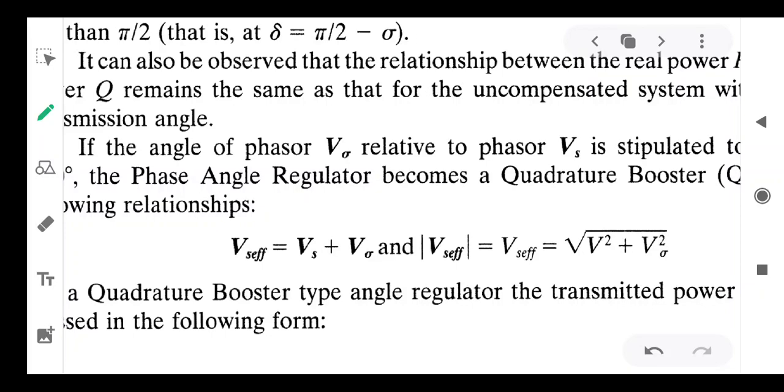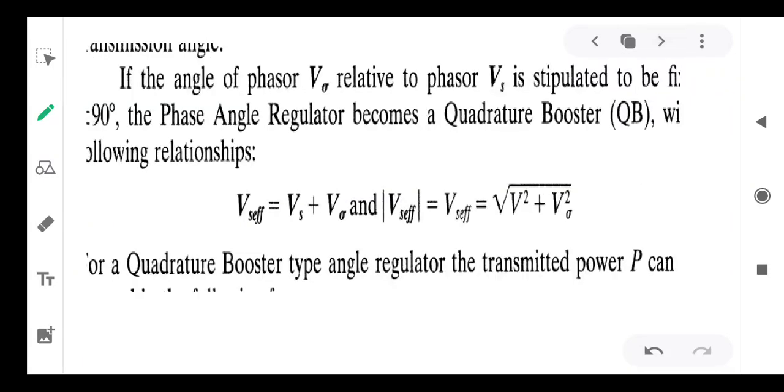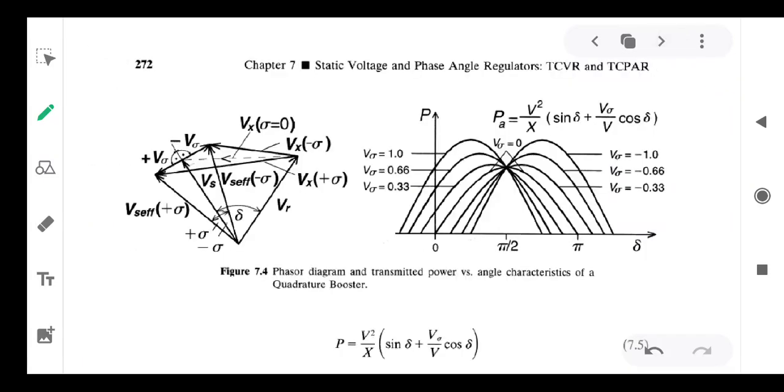When it is controlling the voltage 90 degrees with the phase voltage, then it is said to be quadrature booster. Look at the figure. This is the set of power angle curves.